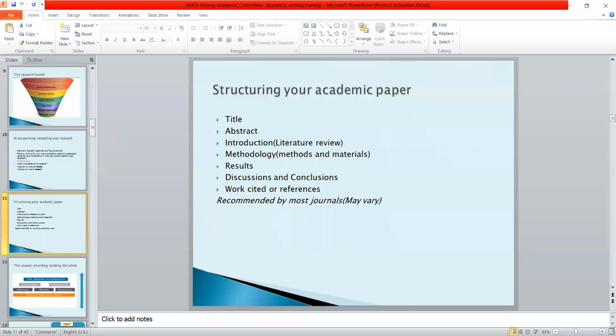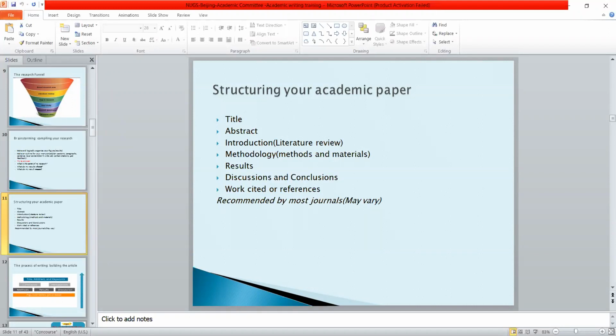Sometimes from the literature review or introduction, you just go straight and start addressing the issue. For methodology, in recent times people prefer to write methods and materials, because sometimes besides the method, you need certain materials, certain things put in place in order for you to carry out your research. Methodology has to do with the scientific arrangements.